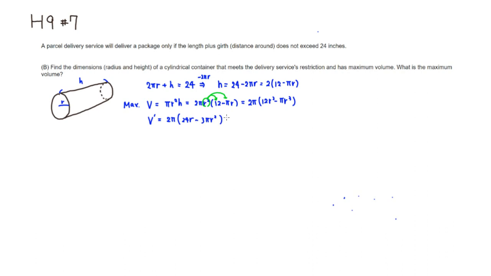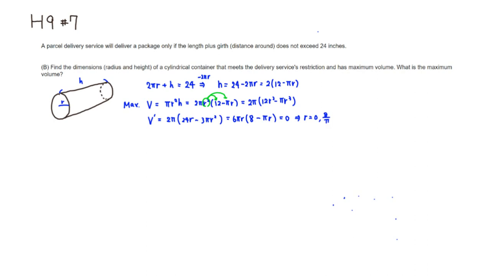We can pull out 3r, and combined with the 2 pi, that gives 6 pi r times 8 minus pi r. Setting that equal to 0, we find the critical numbers to be 0 and 8 over pi.